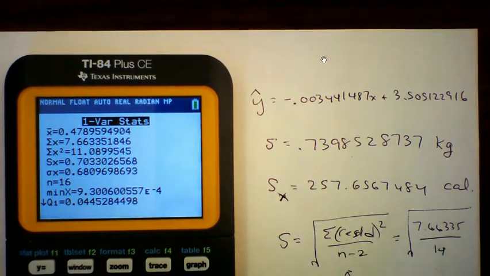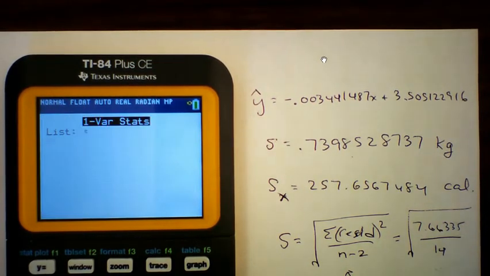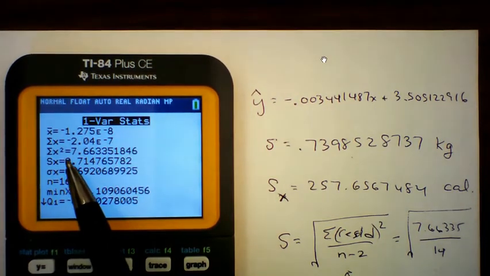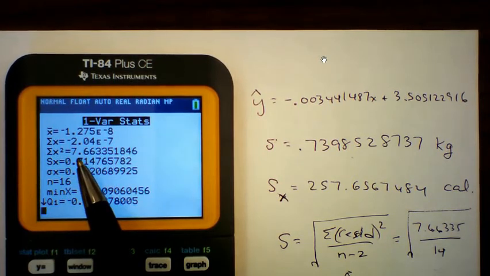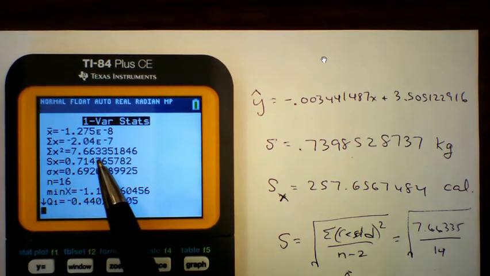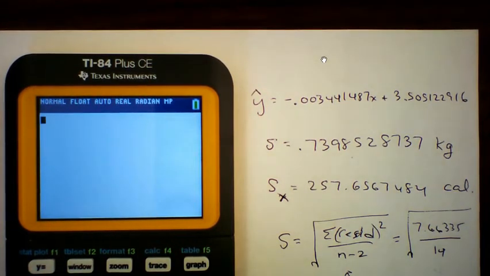Now, if I had done this with my L4 list, instead of the L5 list, if I had not bothered with squaring it, you can see that I get the same thing here in the sum of the x's squared. So I could have taken that number and I could have written that number from just doing the L4 list as well.